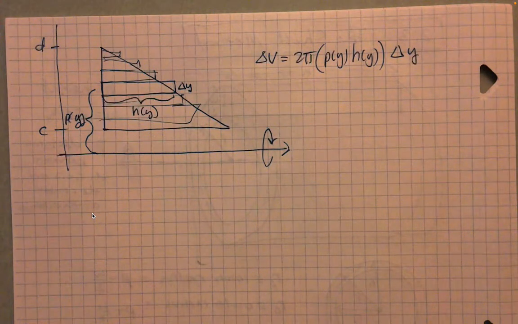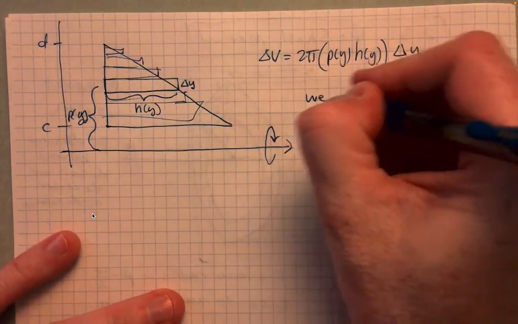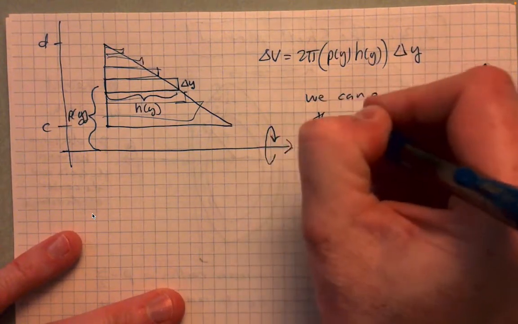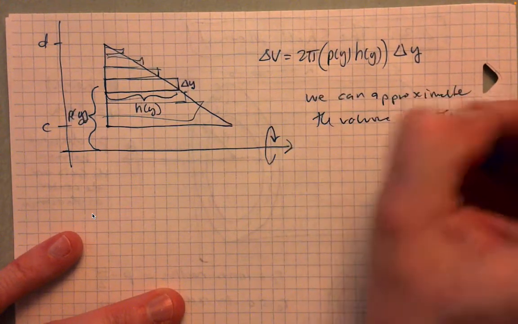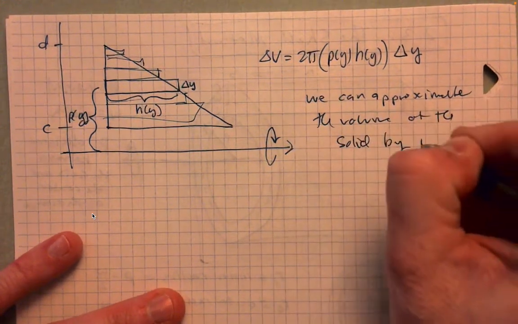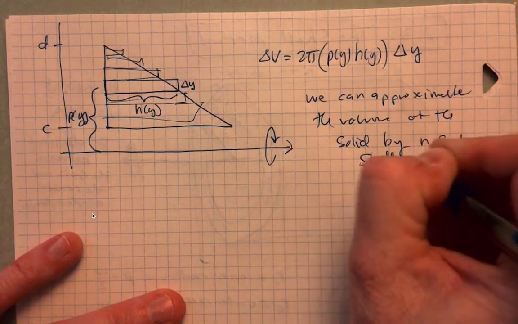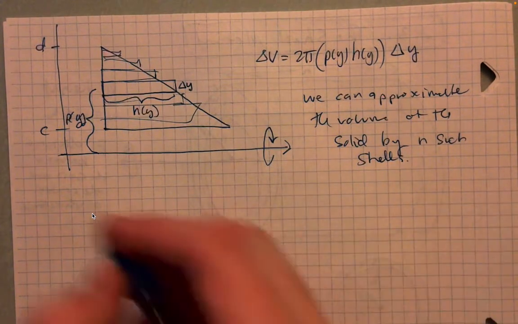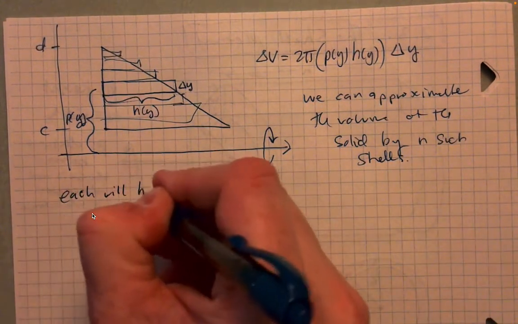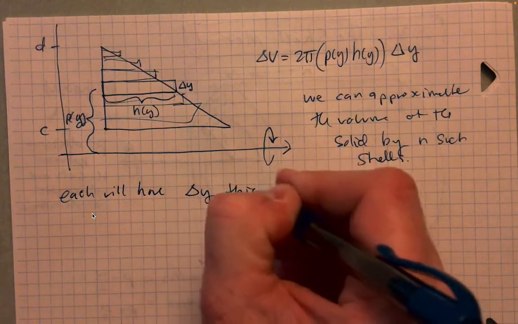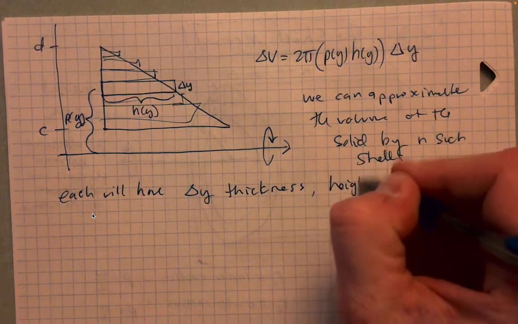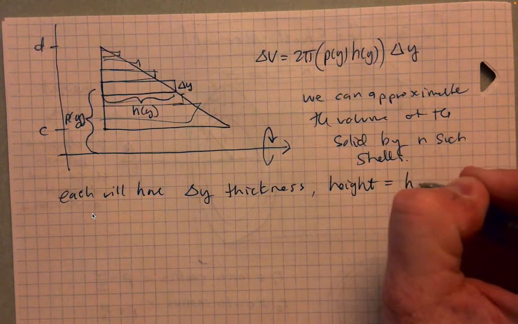Right, so we can approximate the volume of the solid by n such shells. Each of them will have the same thickness, delta y, and height h of yi.